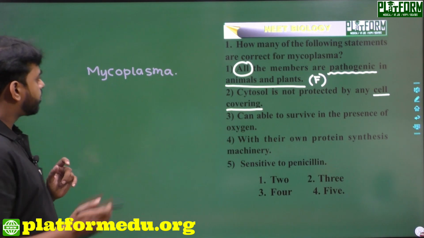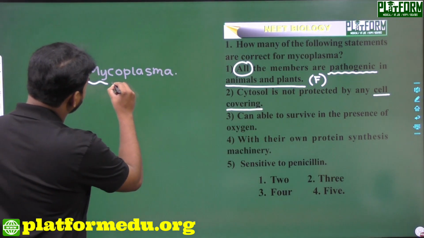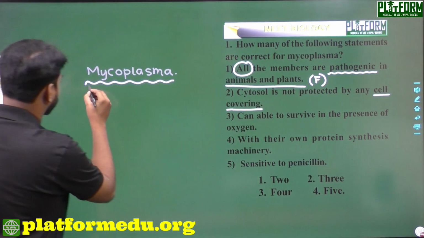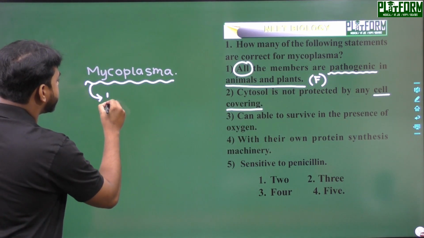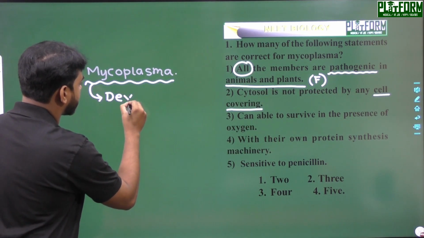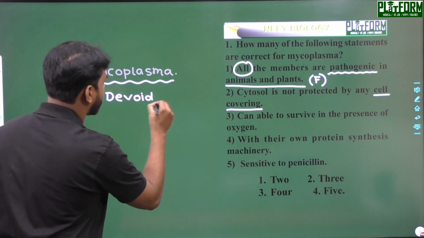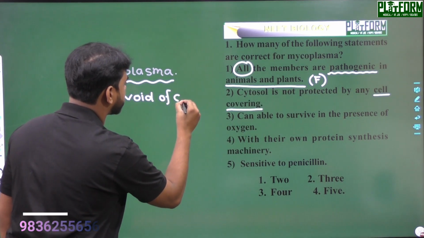Now, the mycoplasma is a group of organisms devoid of cell wall.